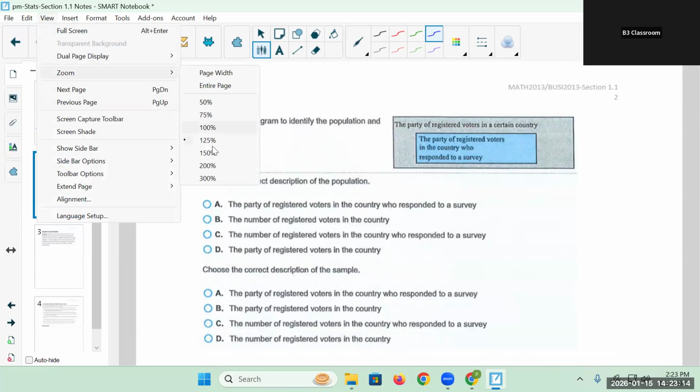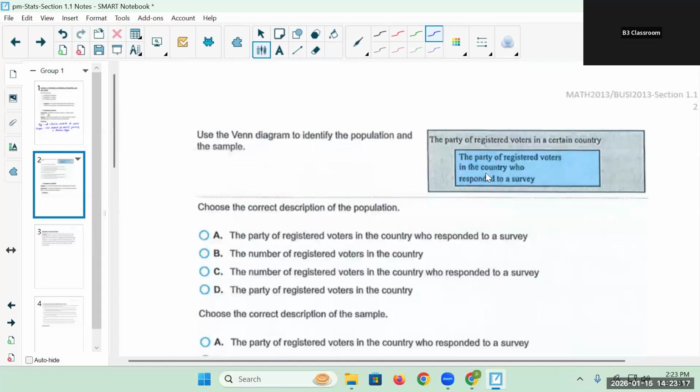Usually, that bigger box that says the party of registered voters in a certain country, that will be your population. Now, the smaller sample or the smaller set, the smaller rectangle inside that says the party of registered voters in the country who responded to a survey. That would be your sample.